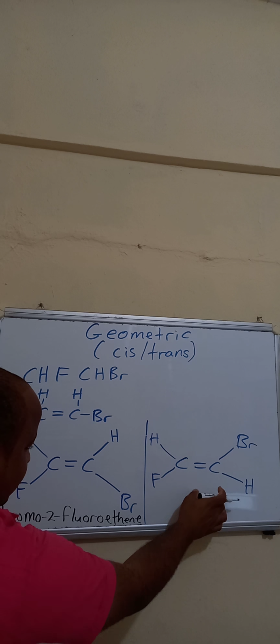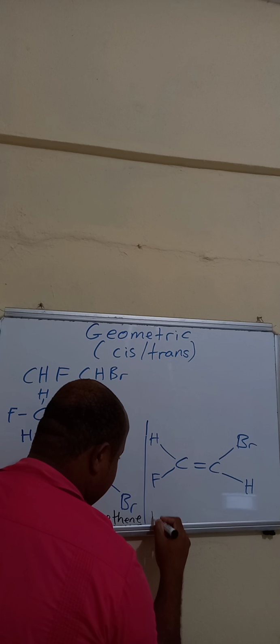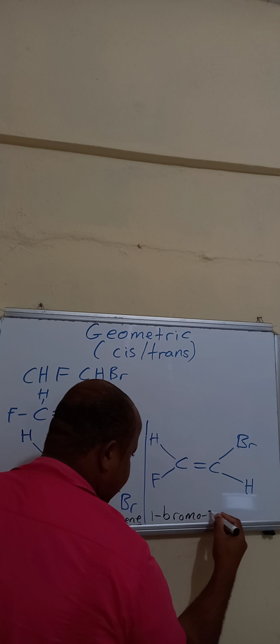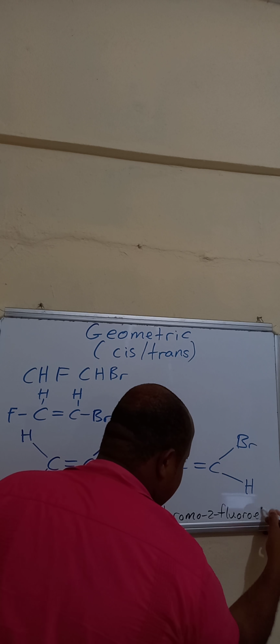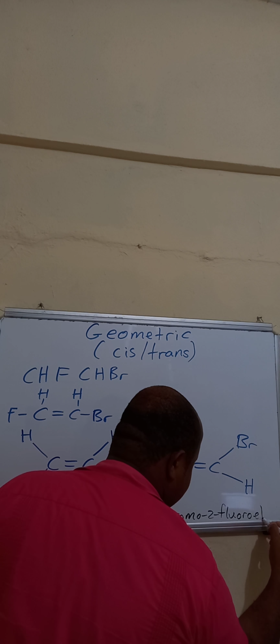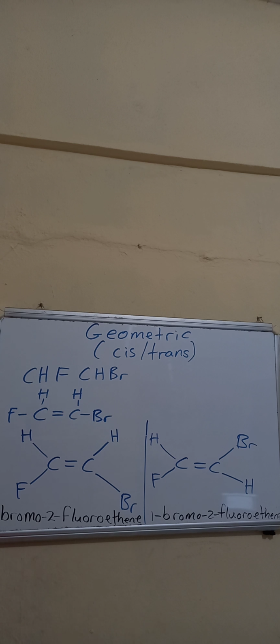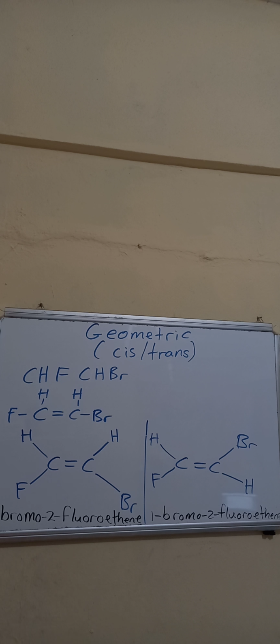If we were to name this one, it would also be called 1-bromo-2-fluoroethene. So you can see that we have the same compound present. This is 1-bromo-2-fluoroethene, and this is 1-bromo-2-fluoroethene.